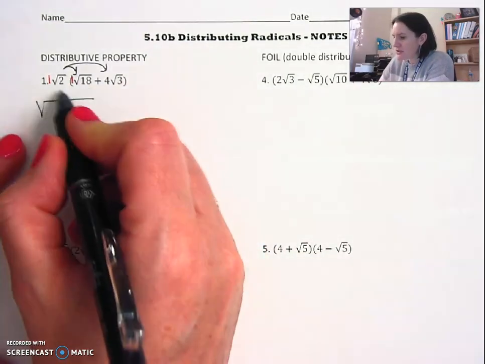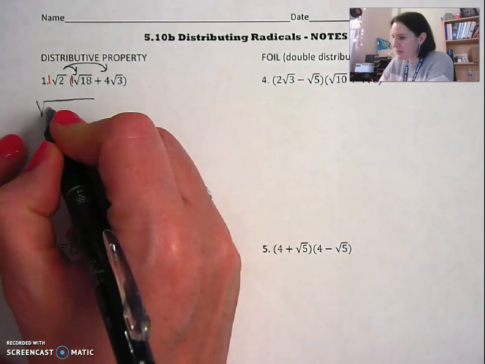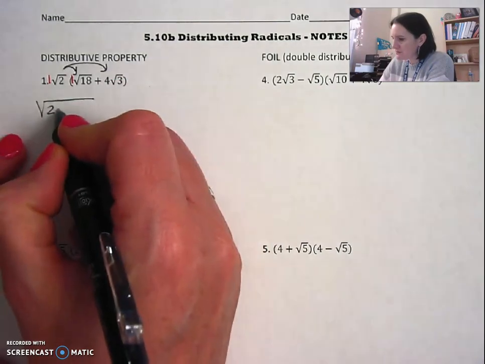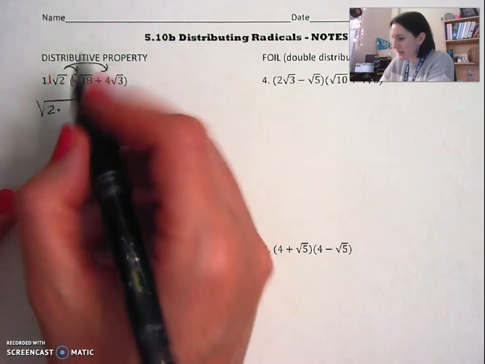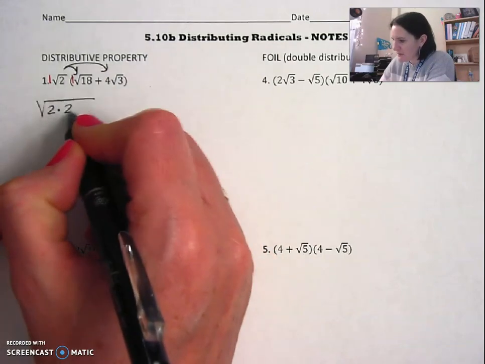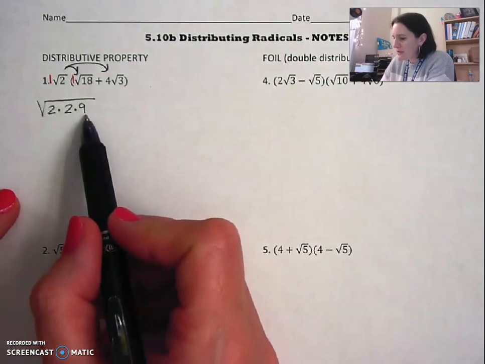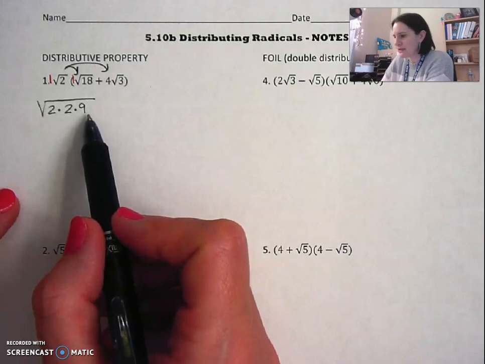So instead of actually doing the math and making that 36, here's what I'm going to do instead, because I want the factors of those things. The first number is 2, and then it's times the 18. I'm going to go ahead and factor that partially right now into 2 times 9. Now, if I wanted to continue factoring the 9 into 3 times 3, I totally could do that. That's fine.